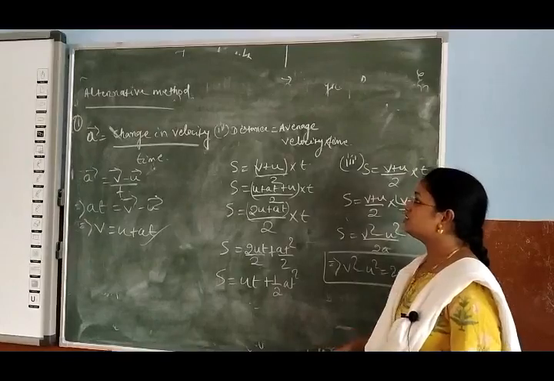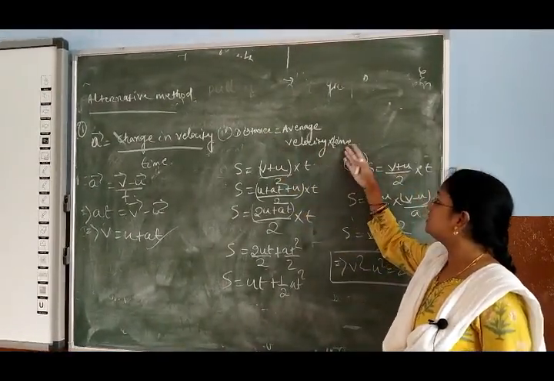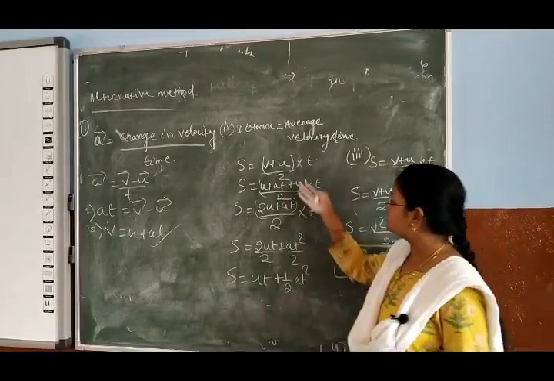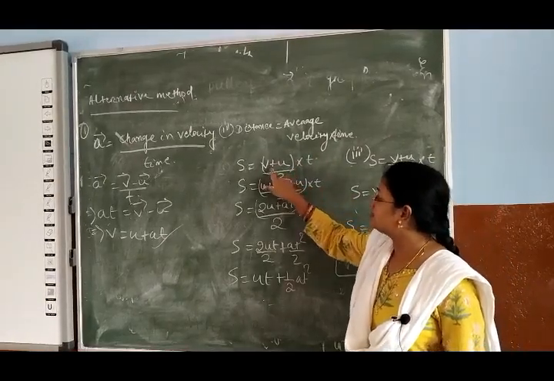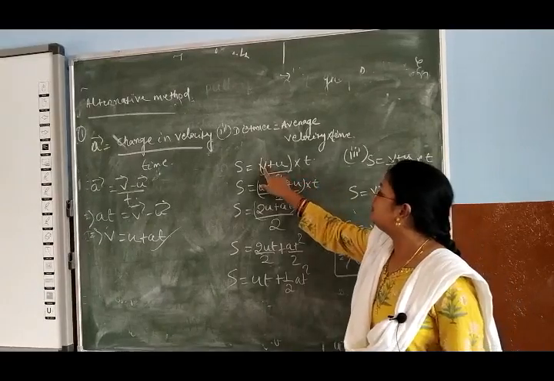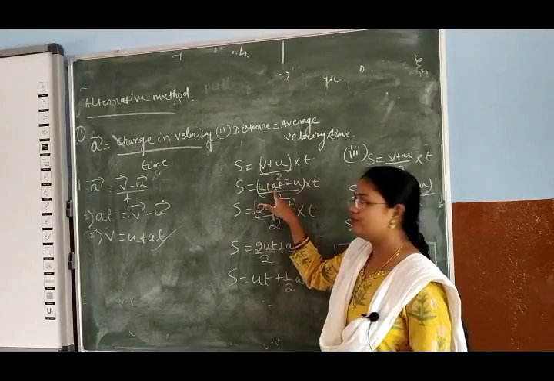Similarly, the second equation of motion, distance. Distance equals what? Average velocity into time. How will you calculate average? Total by 2, average velocity is U plus V by 2. This is the average velocity into time. So V plus U by 2 into T. In place of V, you can write U plus AT.